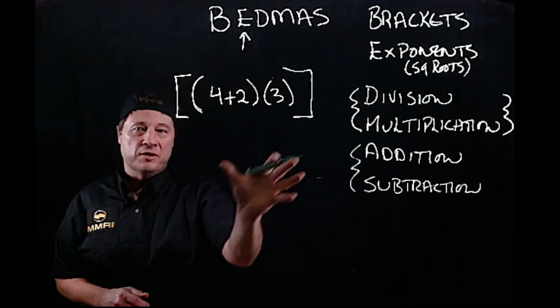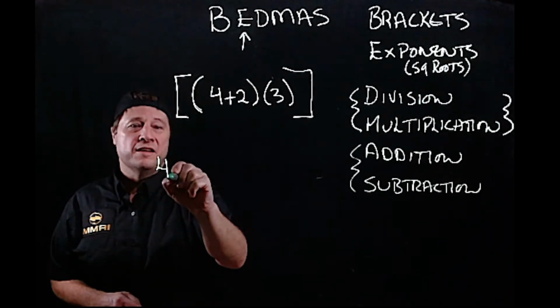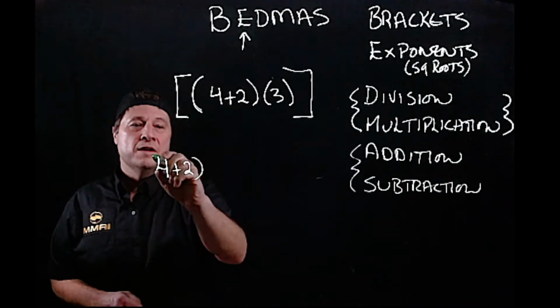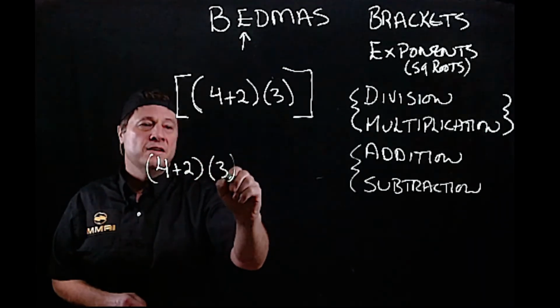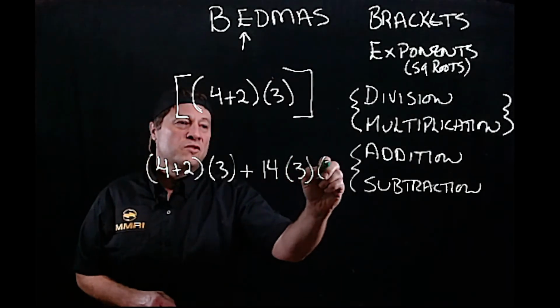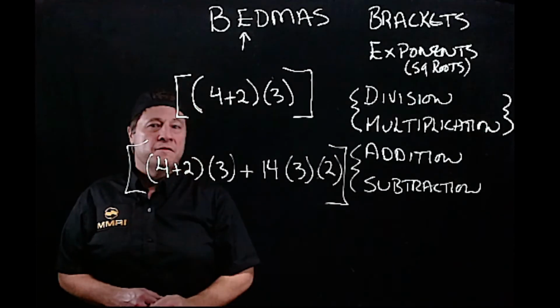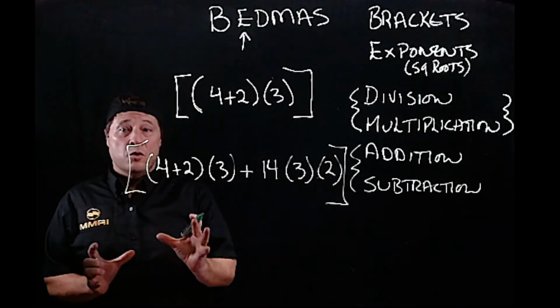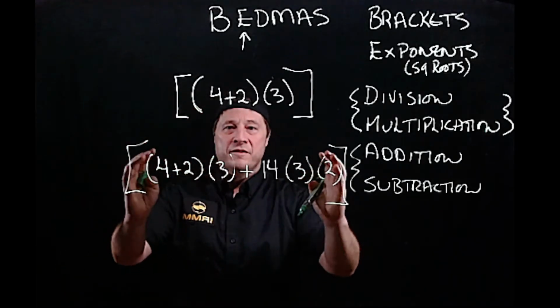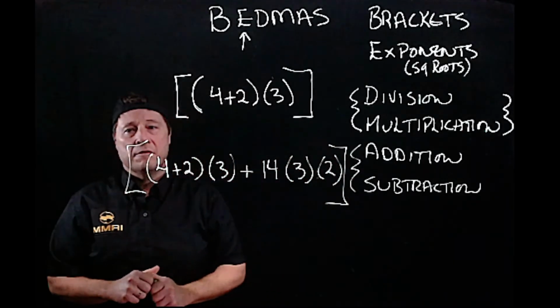So again, a simple example, but you can get much longer examples. You can get 4 plus 2, times 3 plus 14 times 3 times 2, and then have those all inside of another set of brackets. So always do the brackets that are on the innermost part of the equation.